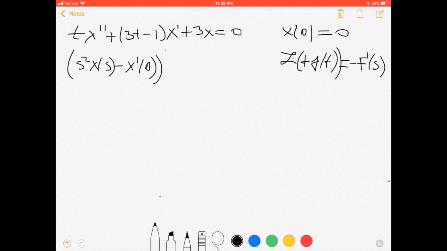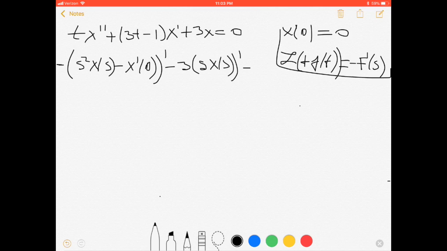And then we need to take its derivative with respect to s, and we have minus in the front. Then we have 3t x prime. This means it will be minus 3 times the derivative of s X(s). Take a derivative, and minus x prime, it will be only minus.